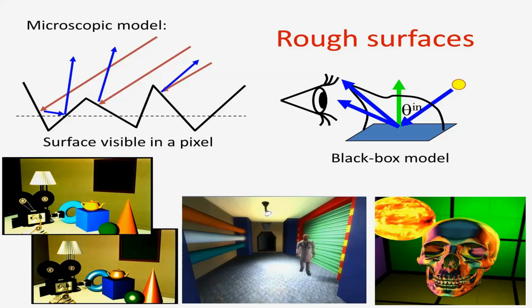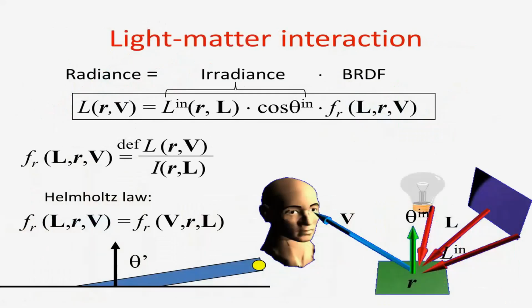By experience, we say that a rough surface reflects light into all directions, but more light in the vicinity of the ideal reflection direction. The reflected radiance of a surface depends on the irradiance and also on the likelihood of reflection.